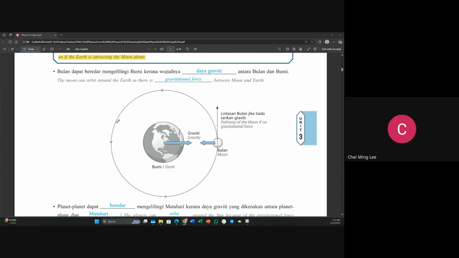Gravity is something like a field, like many lines going towards the center of the Earth. If we imagine all these little gravitational forces as lines, there are many arrows towards the Earth, correct? So these arrows create a field.